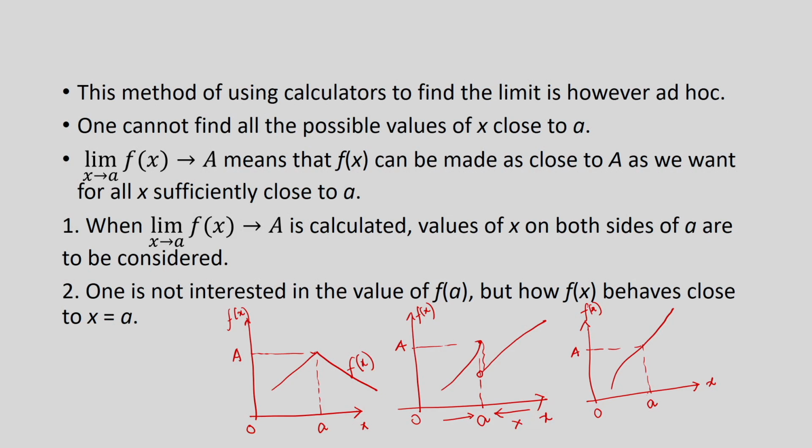Actually, here you can say that the function has a limit: as x tends to small a, the value of the function tends to capital A. So, the limit of the function exists at x equal to small a. So, if there is a kink like this, then there is no problem, but if you have a gap like this, then there is a problem of the existence of the limit.